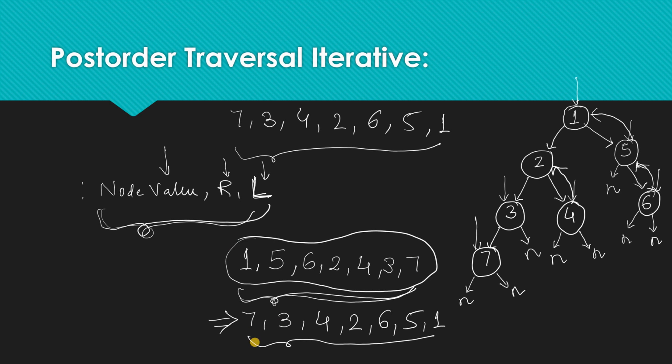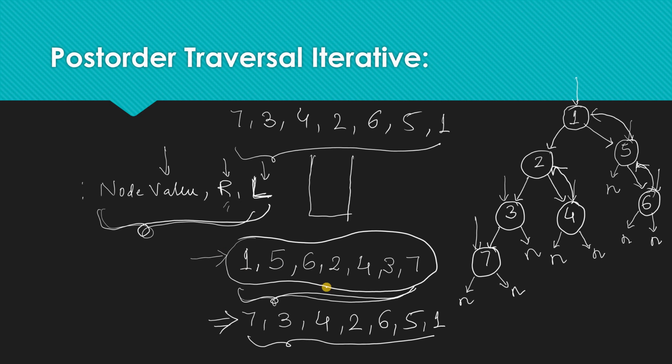So if you have watched my previous videos, this traversal is similar to pre-order traversal. Only in the pre-order traversal, we were first exploring the left and then exploring the right, but here we are first exploring the right and then exploring the left. This is the only difference, right? So in the pre-order traversal, we were using one stack to print the sequence, right?